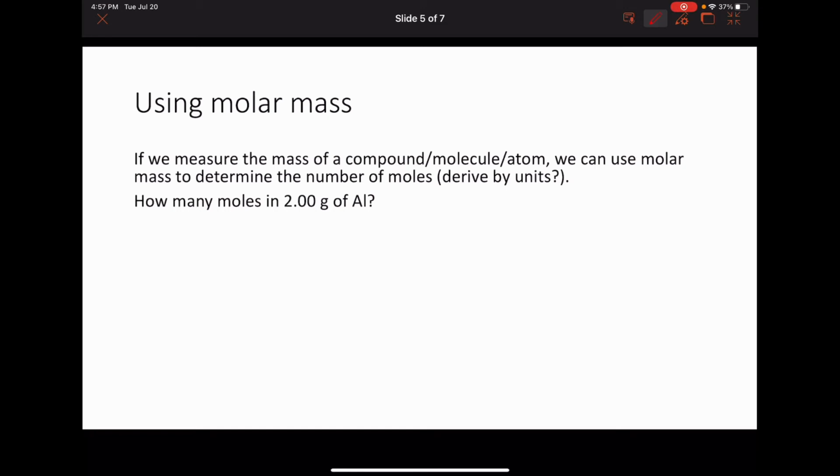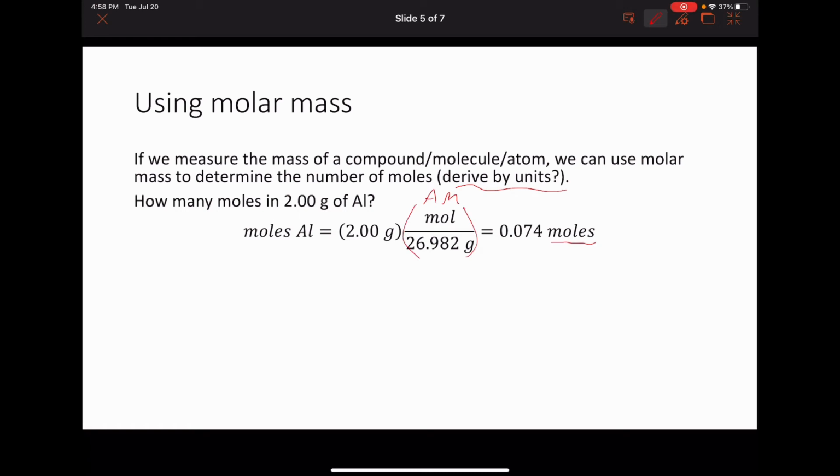So let's do this calculation. How many moles of aluminum are in 2 grams of aluminum itself? So once again, let's set up the equation. We look up the atomic mass of aluminum. We can do this as kind of a dimensional analysis problem, which we've done before. So we've got 2 grams, and our answer needs to be in moles. The molar mass, or atomic mass, is in grams per mole.